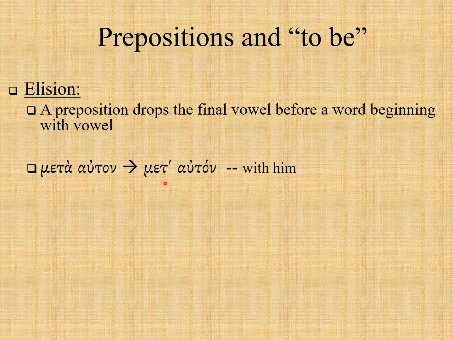So we have met' autou, with him. The meaning does not change, it's just that the letter drops, or there's an elision, so it looks a bit different. So you just have to be careful not to confuse this met' with some other word.